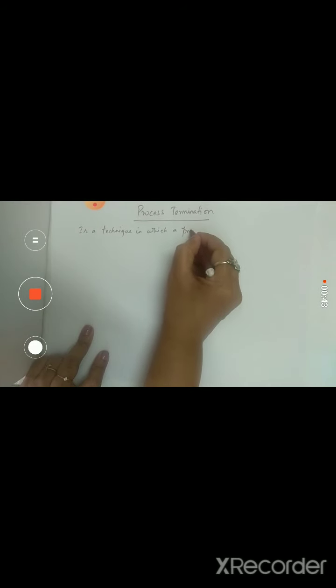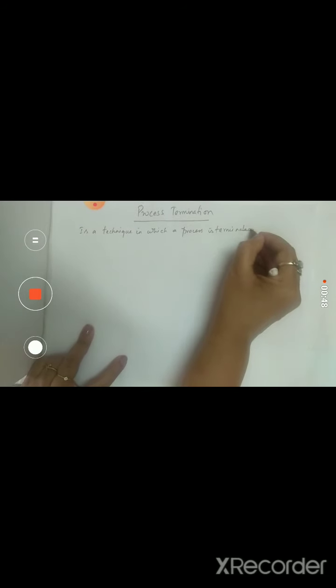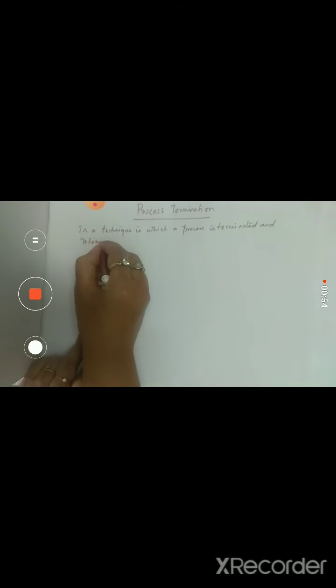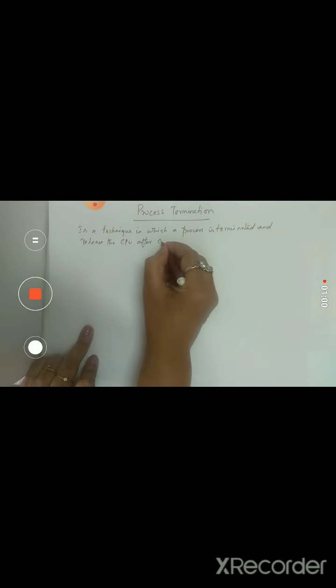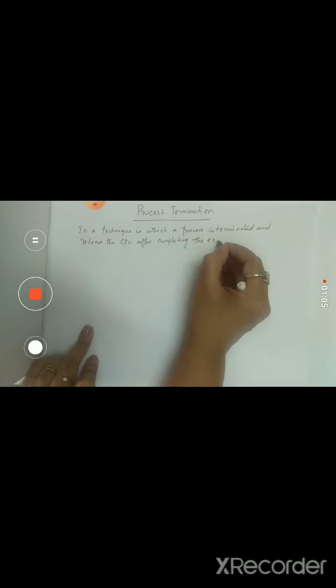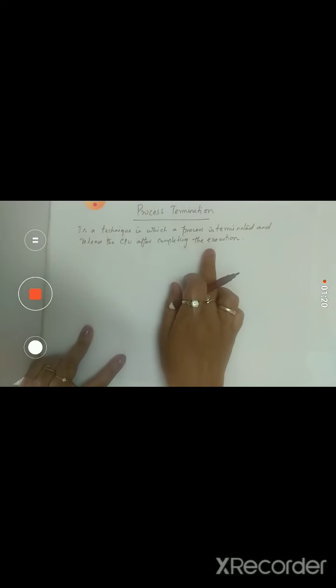It is a technique in which a process is terminated and releases the CPU after completing the execution.